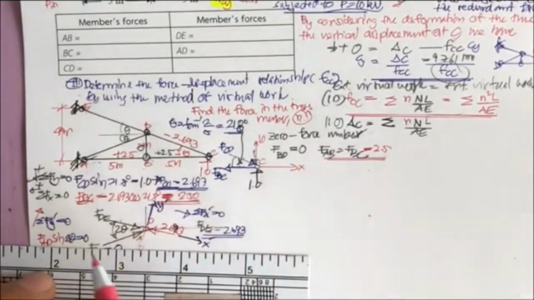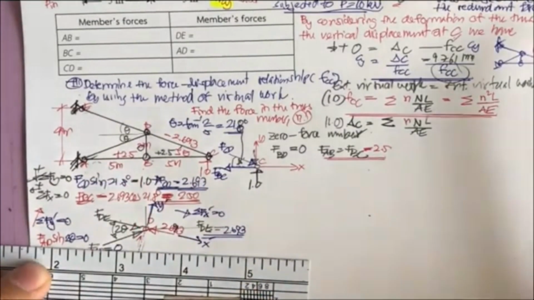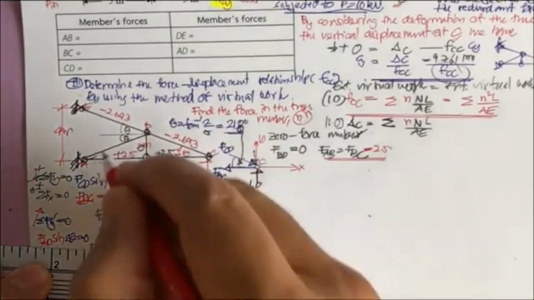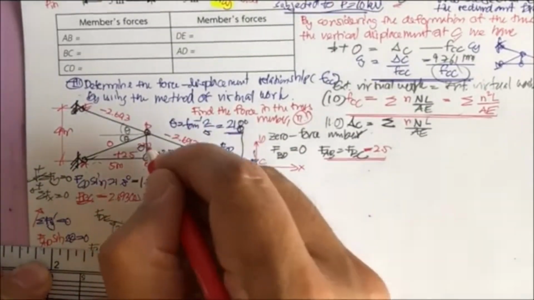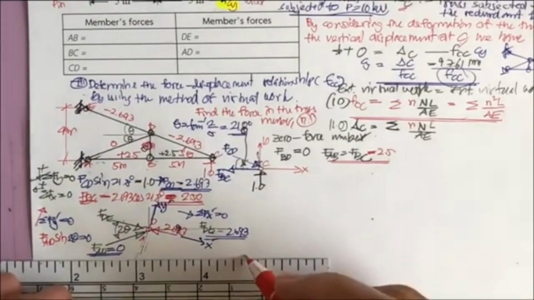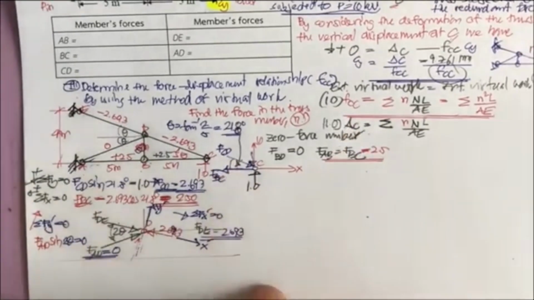Okay, that is going to be F sub DE. So the DE is going to be minus 2.693. And this also be 0, the same thing as this one is 0. Now you get all the forces that you may like to have.